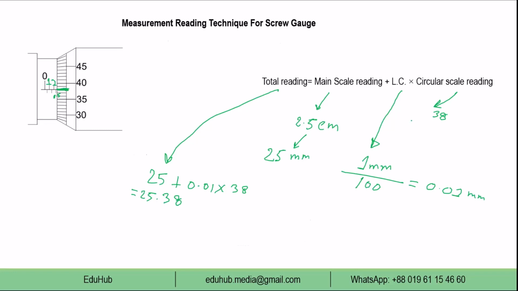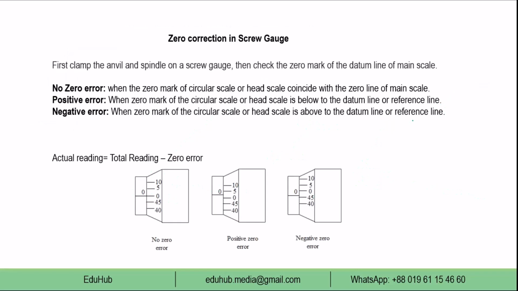So our next topic is zero correction in the screw gauge. To determine the zero correction, first clamp the anvil and spindle of the screw gauge together, then check the zero mark of the datum line of the main scale. If the zero mark of the datum line or reference line coincides with the zero line of the circular scale, then there will be no zero error.